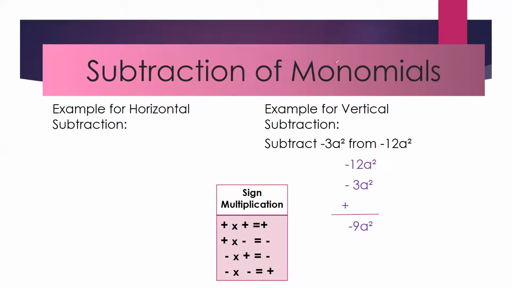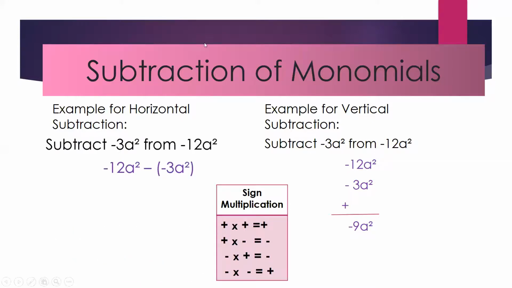Now what about horizontal subtraction? Again, in horizontal subtraction, student, first you have to write down minus 12a square, then minus from the question, and minus 3a square is the second term. When we remove the bracket, we get minus minus plus.